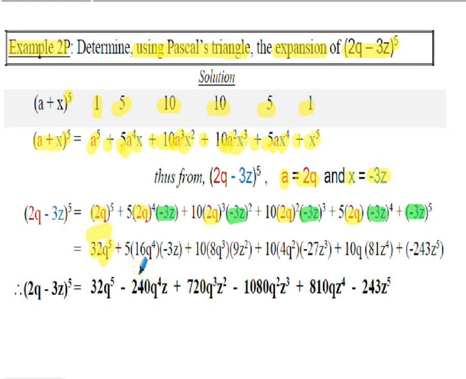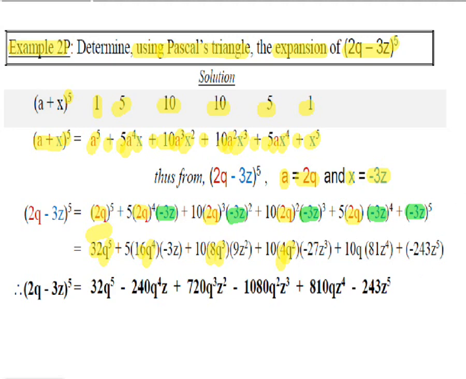If you take the next bracket, you have 2q to the power 4, so don't forget that's 2 to the power 4, which is 16 times q to the power 4. In the next bracket you have 2q cubed, so don't forget 2 cubed is 8, and that's multiplied by the q to the power 3 there. Next bracket I have 2q squared, so that's 4q squared. So be very careful that you expand the brackets correctly, or you raise them to the correct powers here.